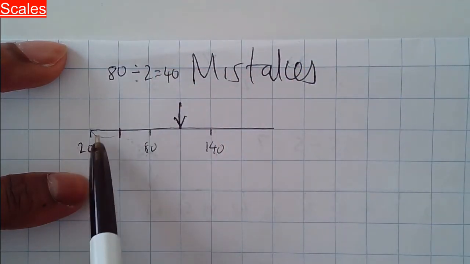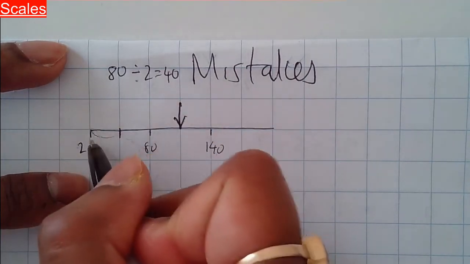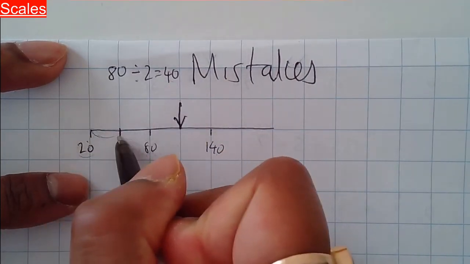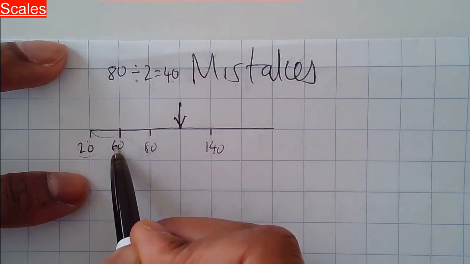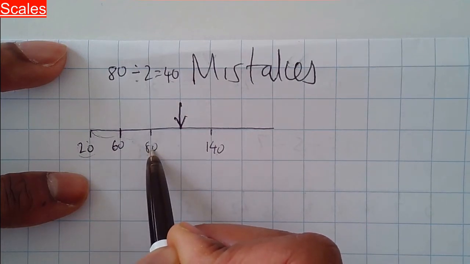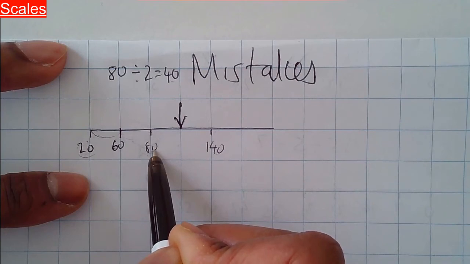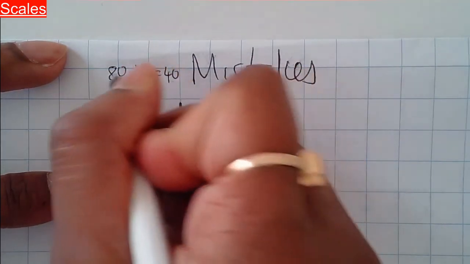So some people think these are going up in 40s. Let's see what happens now. 20, add another 40 is 60, add another 40 makes 100. Well, that actually says 80. Something's gone wrong there. These are not going up in steps of 40s.